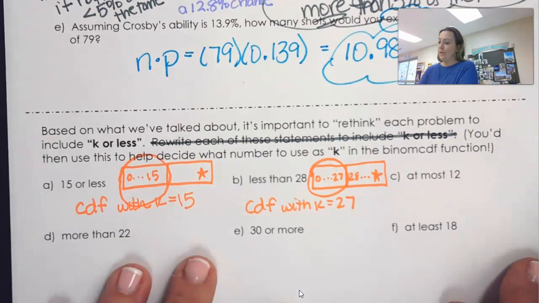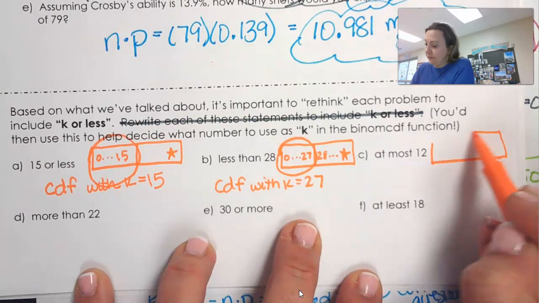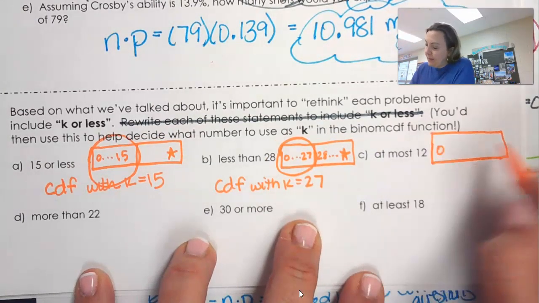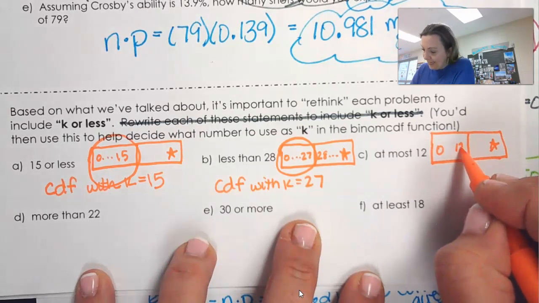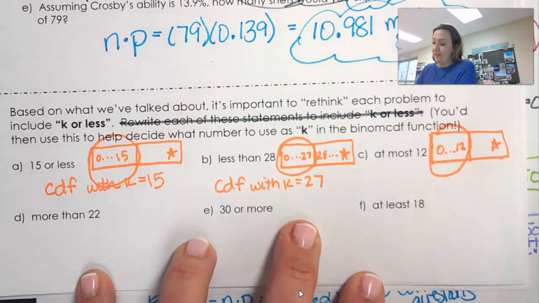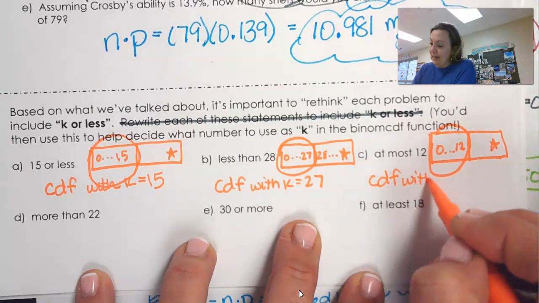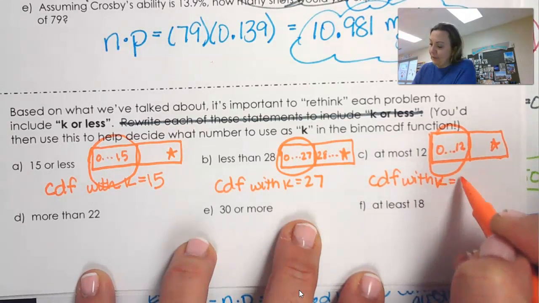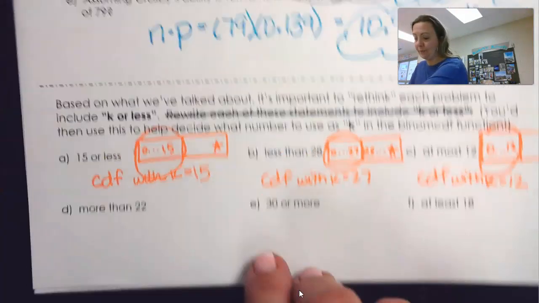Okay. What about at most 12? So at most 12 means that 12 is the highest that I could have. So I am going to include everything from 0 through 12. So I would use CDF with K equals 12. Okay. What if I wanted more than 22?